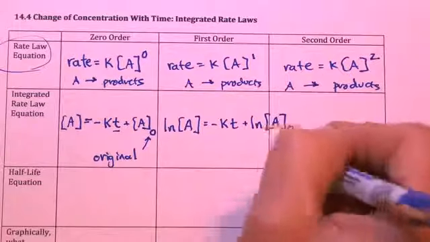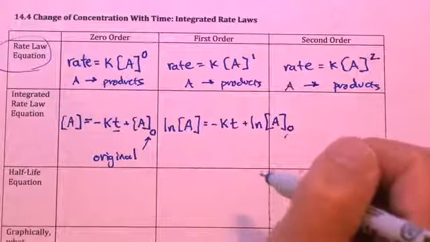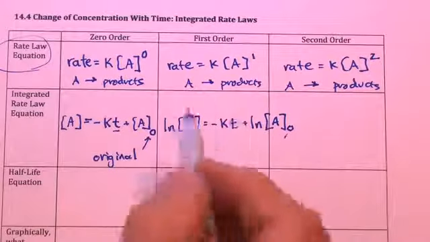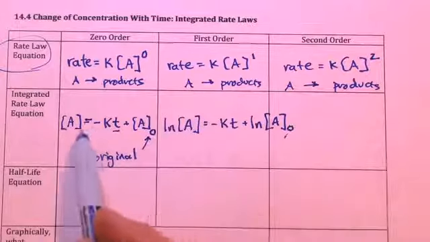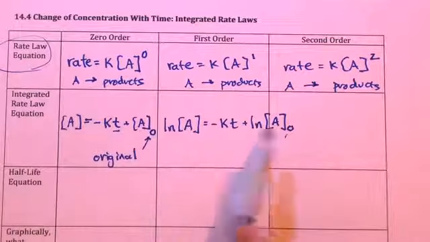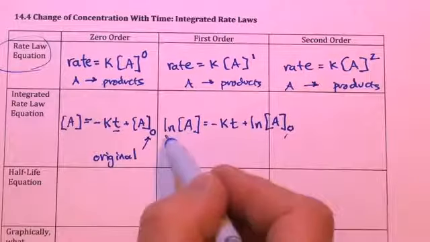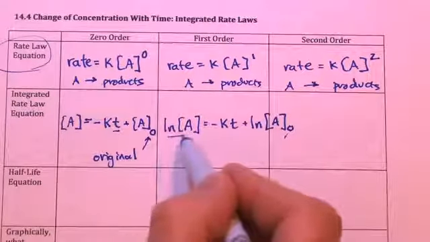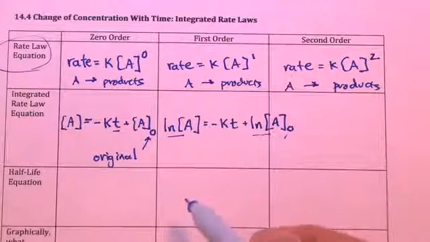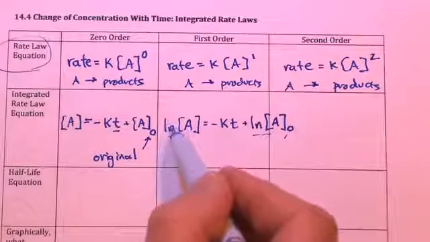The O right here once again means original, or the beginning amount. Notice the only difference between the zero order and the first order integrated rate law equations is that the concentration here is the natural log, which is symbolized by an L and an N.